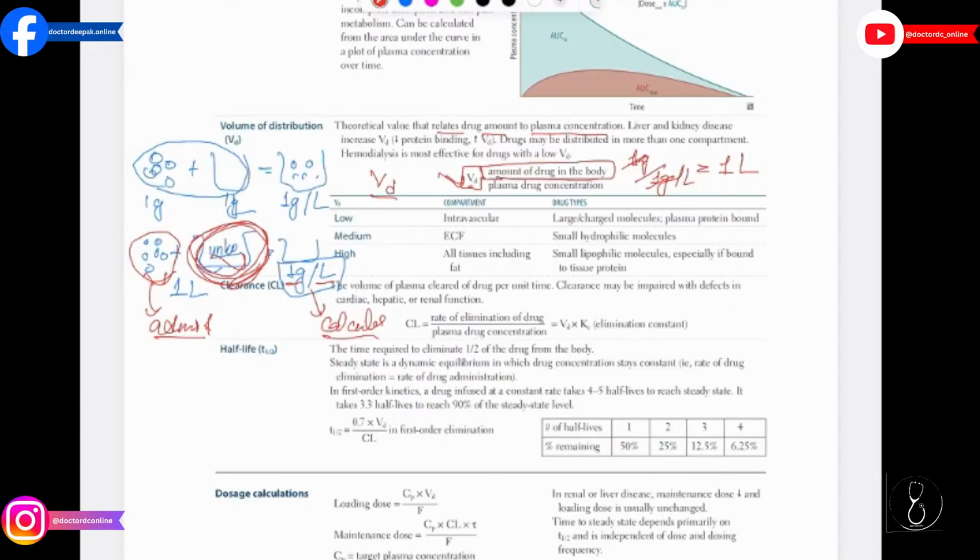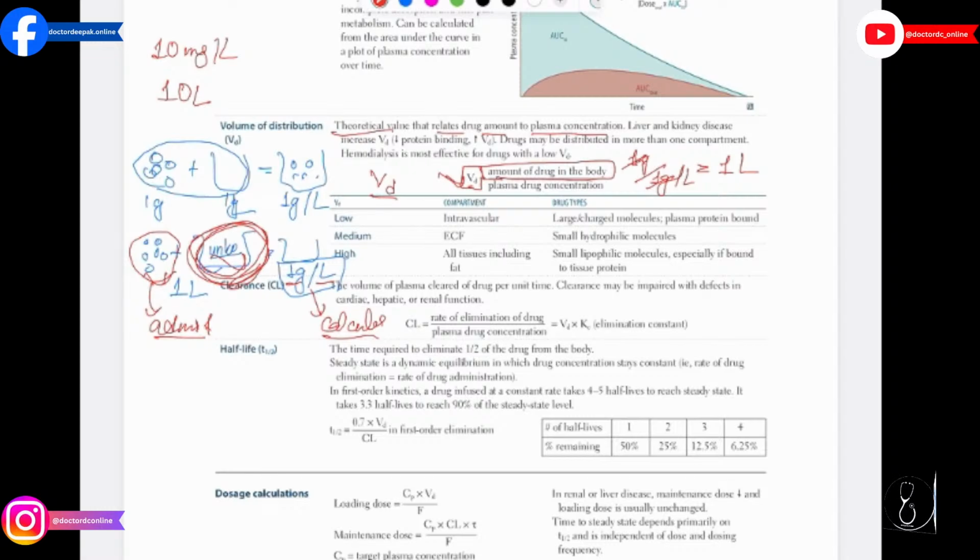So, we will move forward. It's a simple and theoretical value, not an actual value. And secondly, the volume of distribution is used for determining the dosage. For example, to make a drug effective, we need a concentration of 10 mg per liter, and the volume of distribution is 10 liters. Okay?